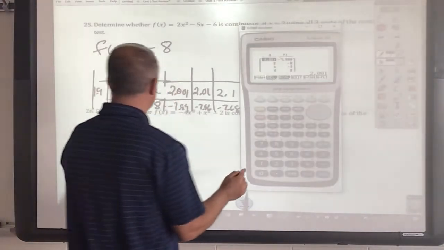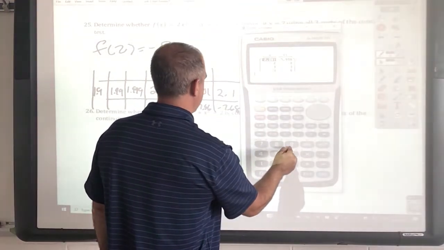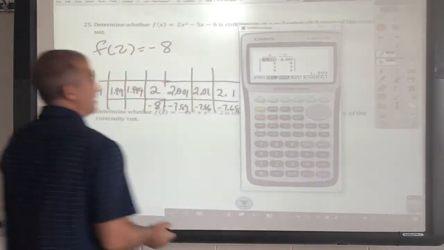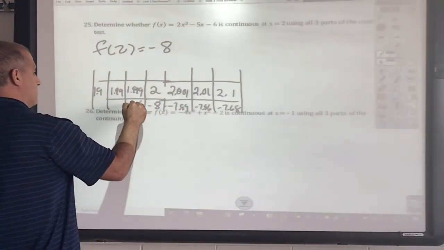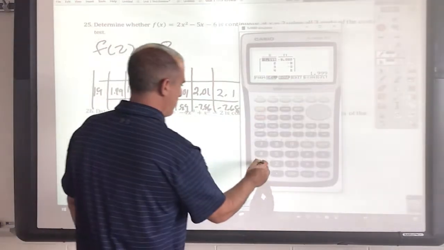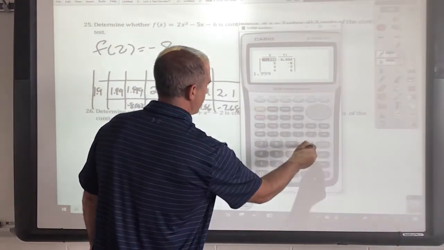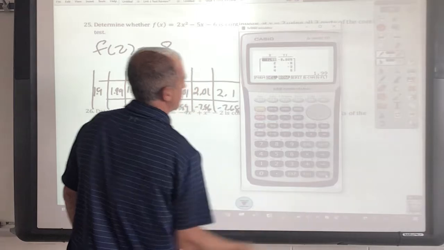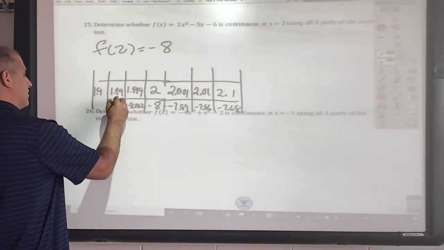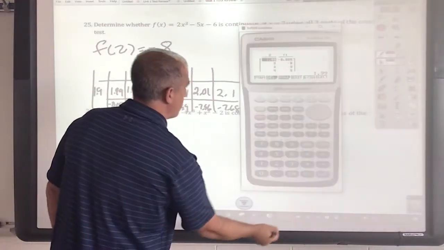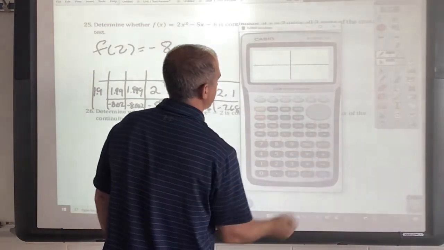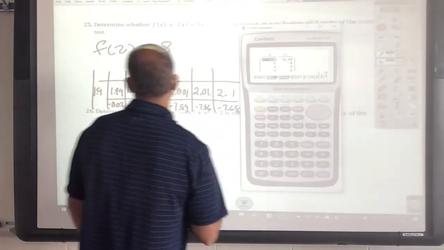Now let's go the other way. 1.999 is -8.002, then 1.99 is -8.02, and then 1.9 is -8.28.